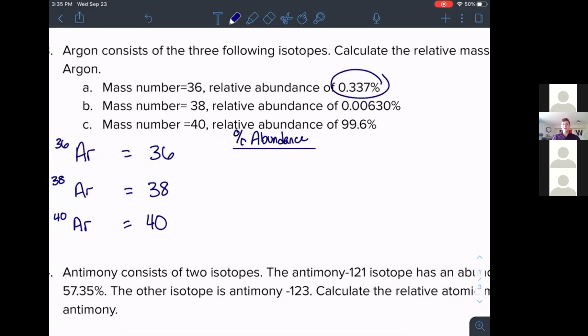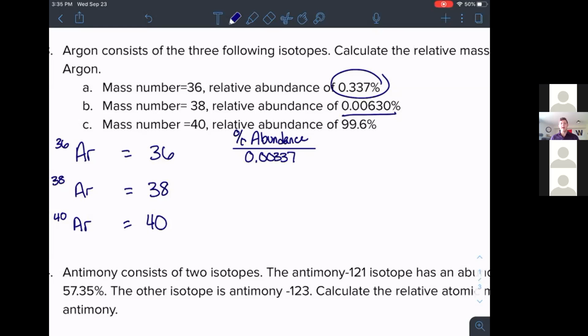So if we do 0.337 divided by 100, what are we going to get? You'd get 0.00337. Perfect.